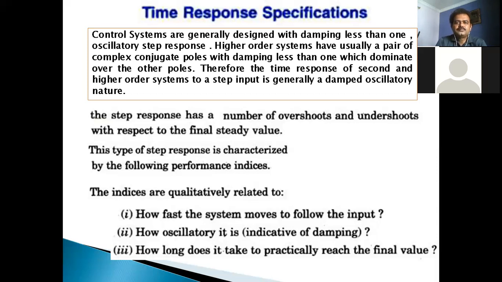Both are underdamped responses, but which one is more stable? How to find that out? The time domain specifications are an indicator of the quality of the response. Which one is more stable?